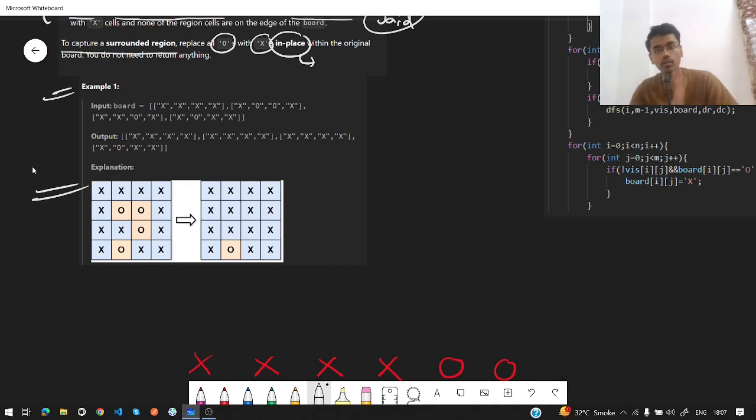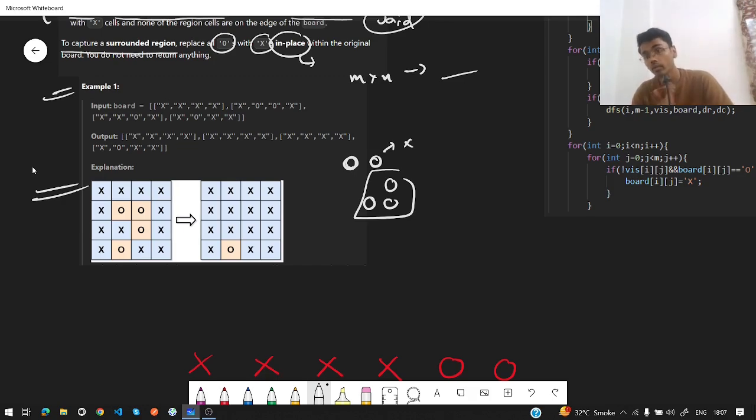What the question is saying is that you need to replace all the O's with X, based on the condition that those connected O's, which can be connected either horizontally or vertically, should be surrounded by X in all 4 directions: up, right, down and left.